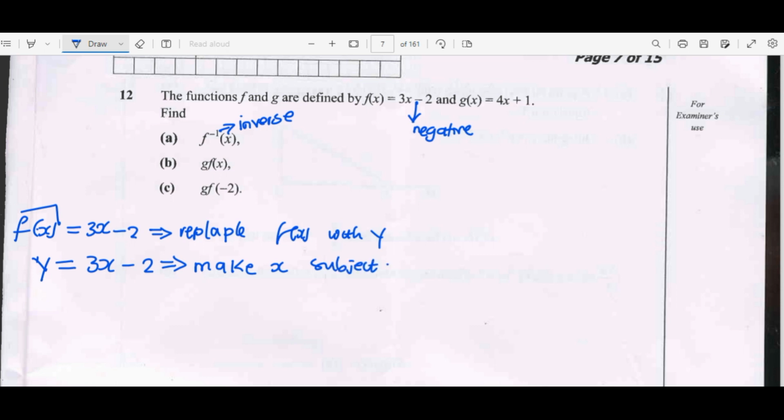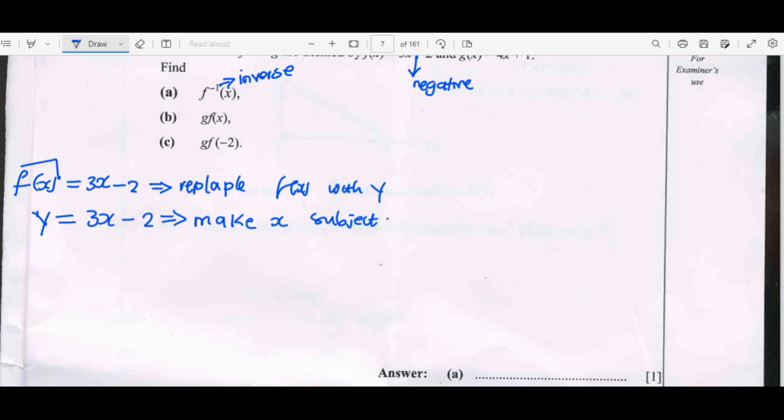So we are going to put every term that does not contain x on one side. If you look, y does not contain x, even -2 does not contain x. So anything that has x must be on one side. So the -2 will go to the left side.